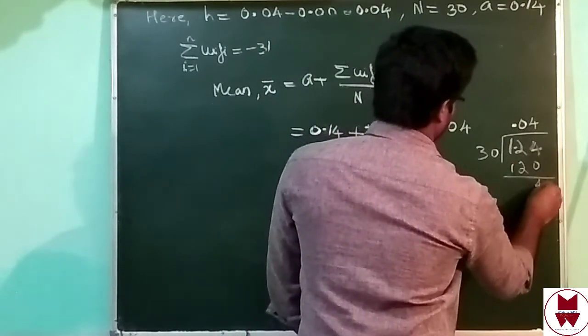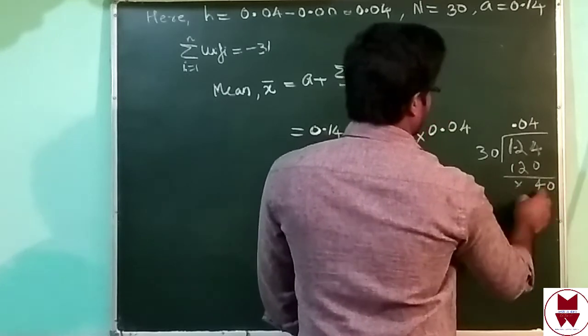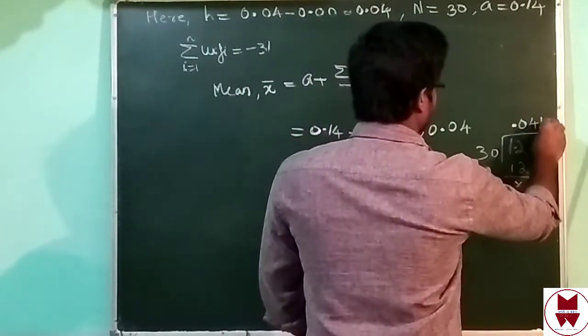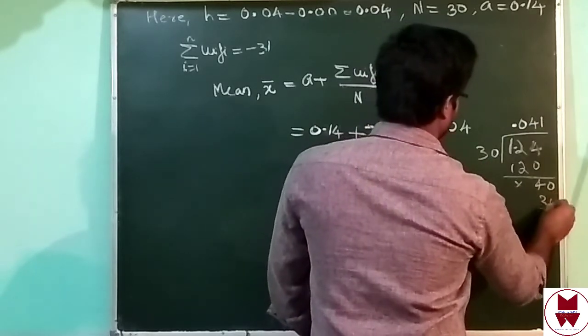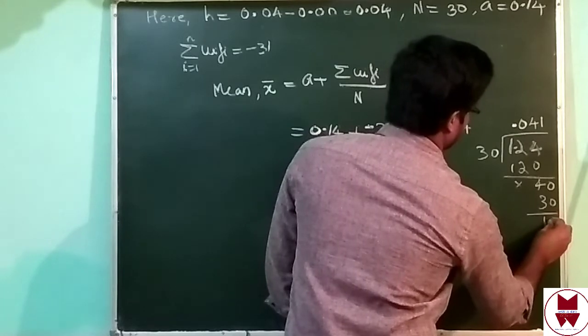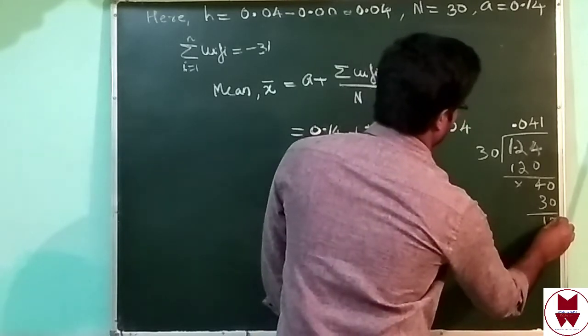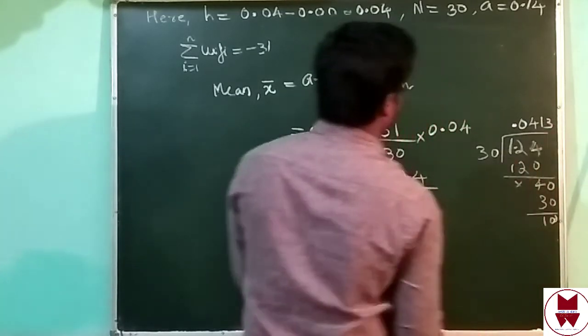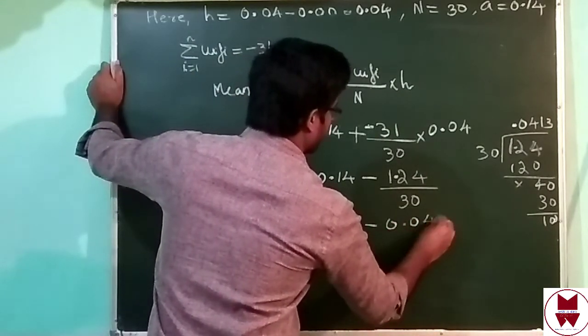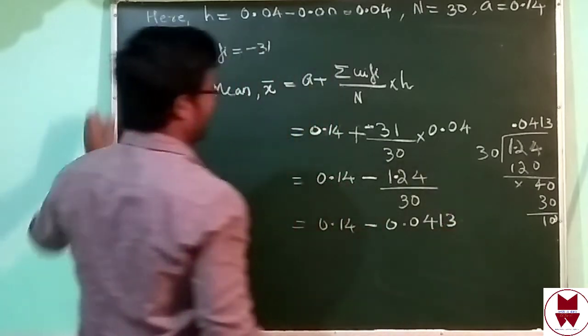Then 4, nothing here, add a 0, 40, 1 time 30. Then add 0 again, one more 0, then you will get 3. So 0.01413.